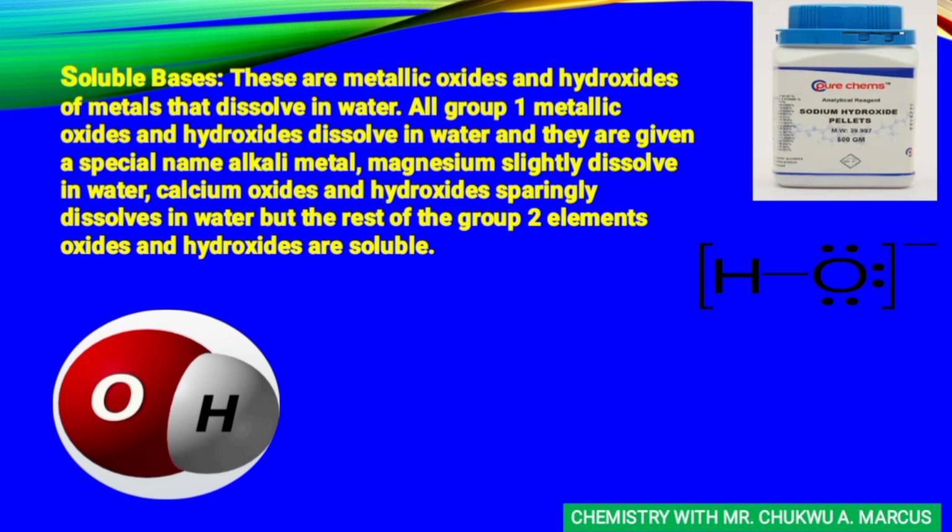It dissolves in water more than magnesium, but the rest of the group 2 elements, hydroxide and oxide, will dissolve in water, but not to the degree of group 1 oxides and their metallic hydroxides. So group 1 are actually soluble bases. That is, their oxides and their metallic hydroxides are soluble bases, including all the possible amino groups that are bases.